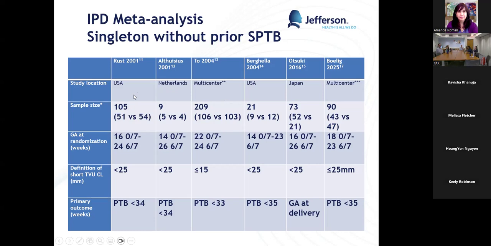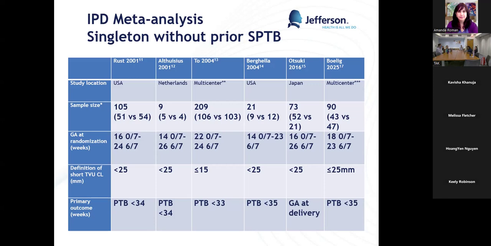So we went and got these patients from these 6 trials, and some had very little data, some more. It was usually in the second trimester, but some after 24 weeks. The cutoff was almost always 25, except the UK trial only used very short cervices, and preterm birth was usually the outcome. We registered in PROSPERO, got everybody to participate, and this paper is now under review.